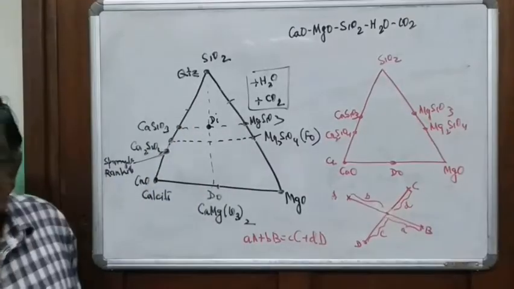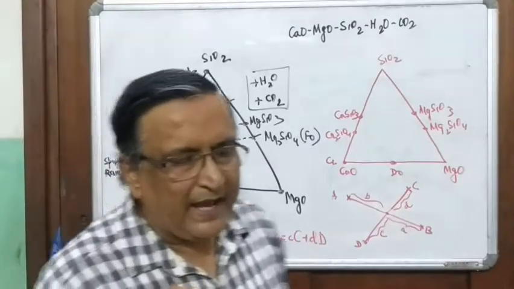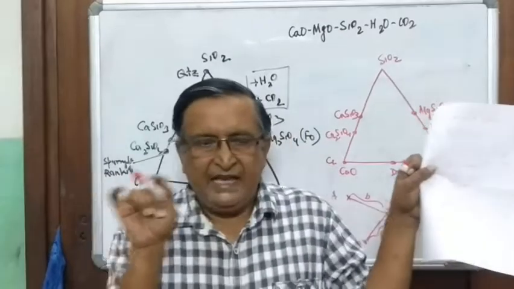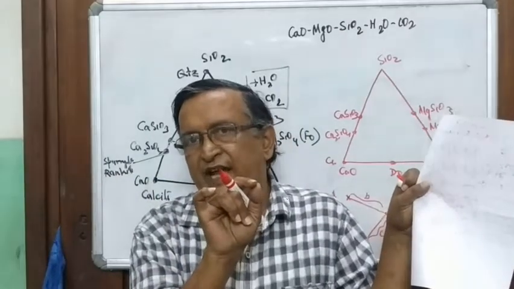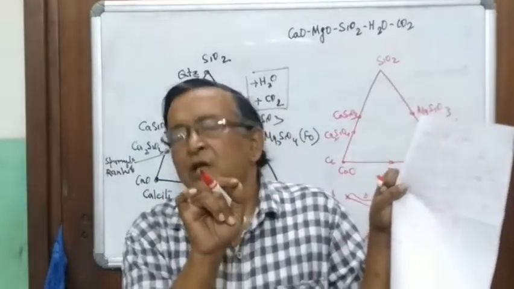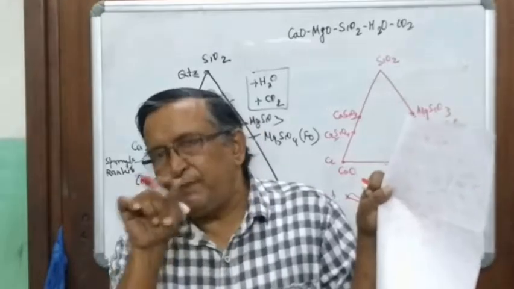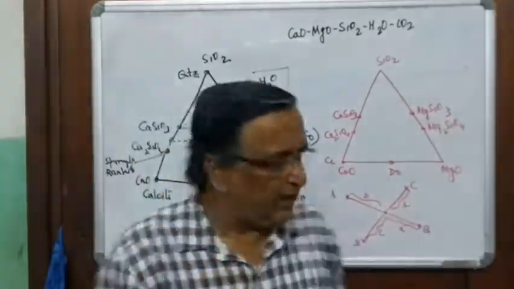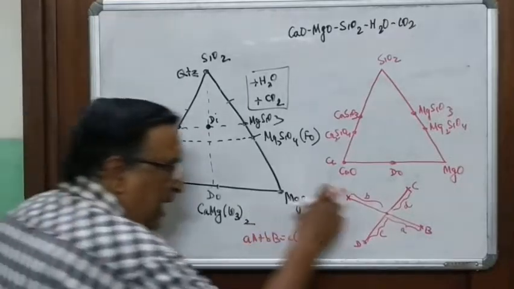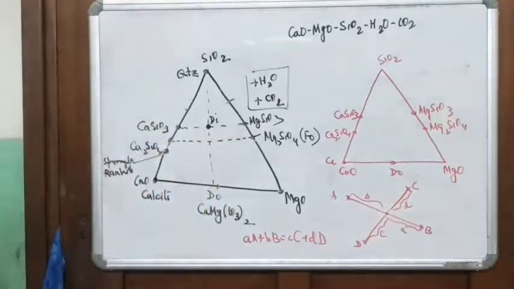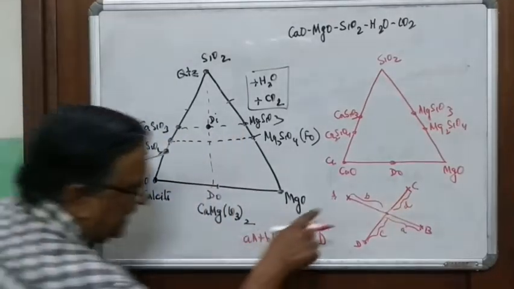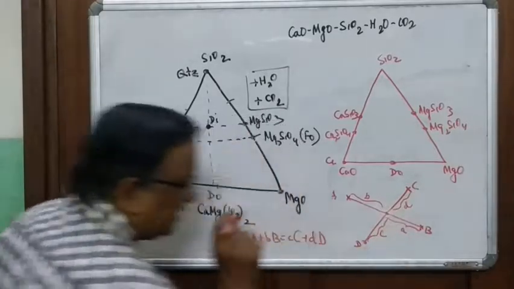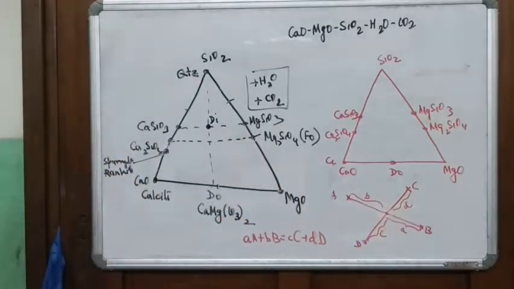So I told you the first case, where there are two phases and a mineral forms between them, so you have aA plus bB is equal to C. That is one thing. Or here you have what is called the crossing tie lines, where A plus B reacts to C plus D. This is another way of showing a reaction.